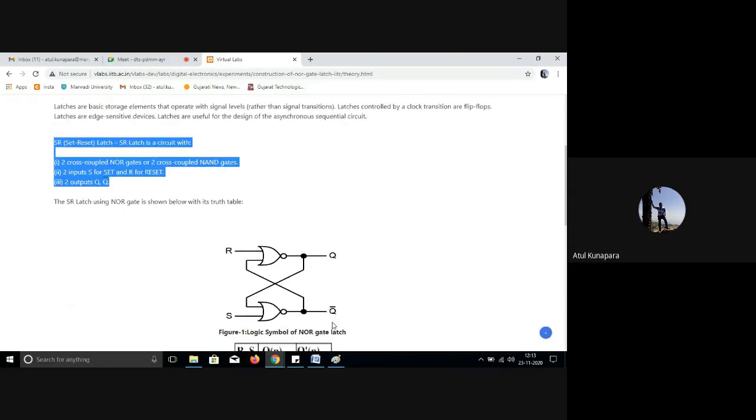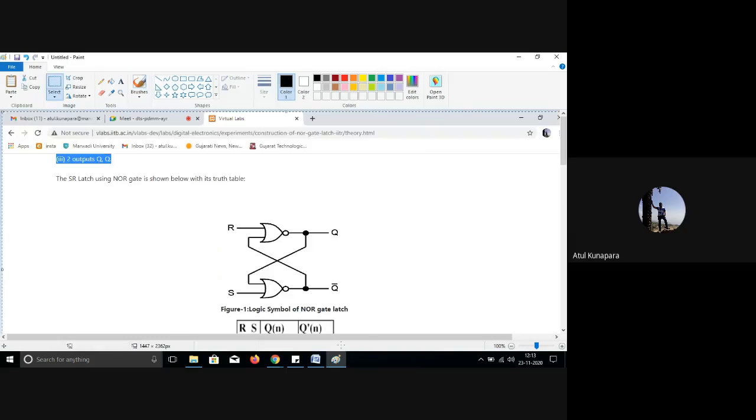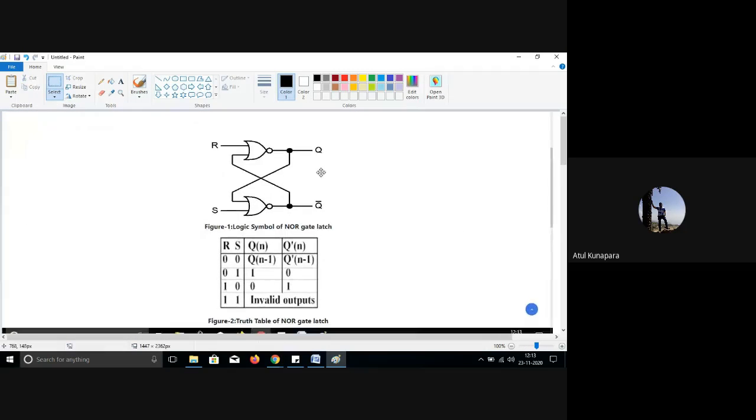You just look at here. This is a NOR logic gate. If I take it from here to there, let me take it in here. You understand this one? This is a latch. You can see here in a block diagram, it will be shown like this. There will be two inputs, that is input R and input S, that is the set and reset inputs.